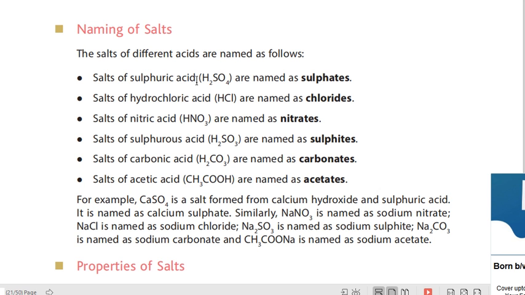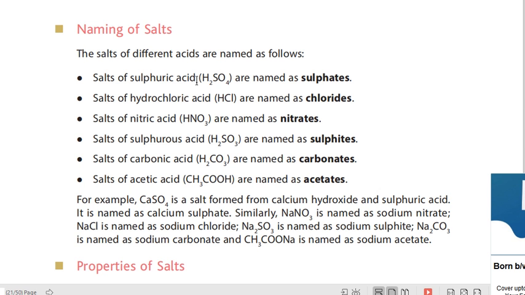See this chemical formula H2SO4. The SO4 is the sulfate, and so its name is based on sulfate. It means the name of the salt is dependent mainly on the acid.